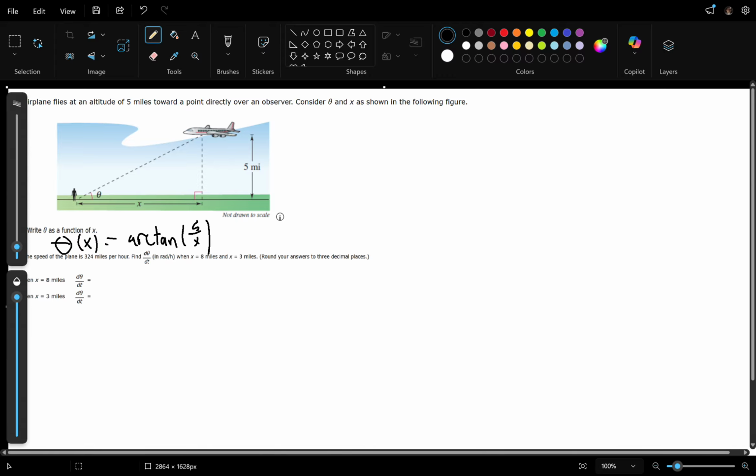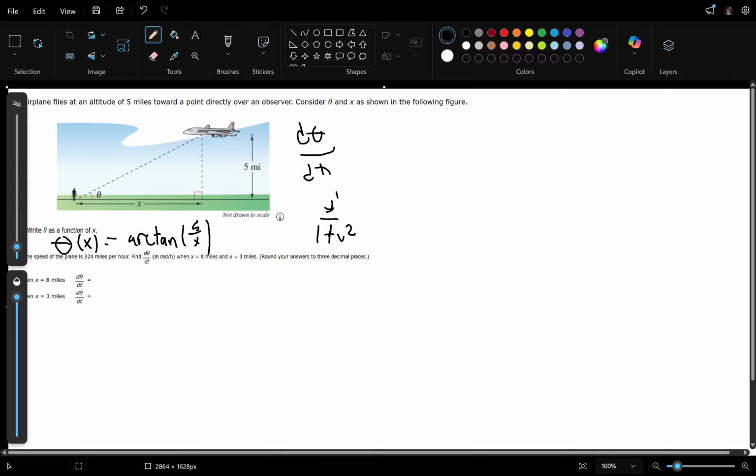We're going to take this equation that we wrote down for theta, the function of x. So we're going to take d theta over dt, and then we're going to take the derivative of arctangent, which is just u prime over 1 plus u squared.